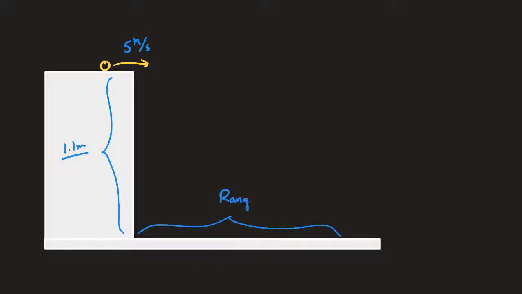So if the marble rolls off the table, let's say the table is, for argument's sake, the tables that you're sitting at, so it's about 1.1 meter off the ground. And the marble's rolled at 5 meters per second. And as a classic problem goes, where does it land on the ground?